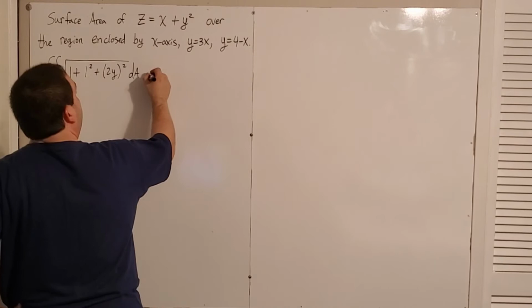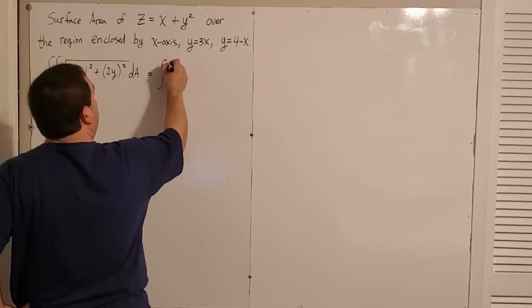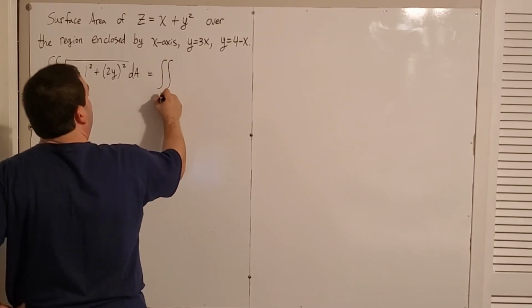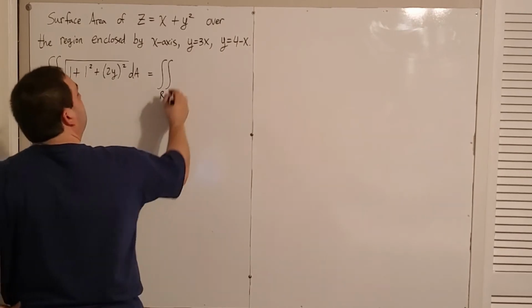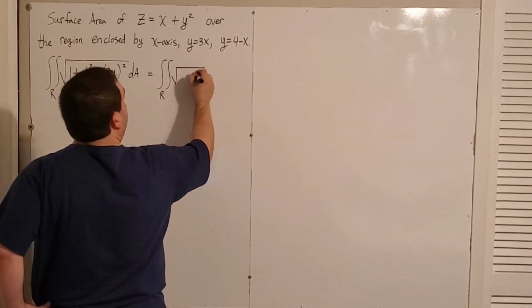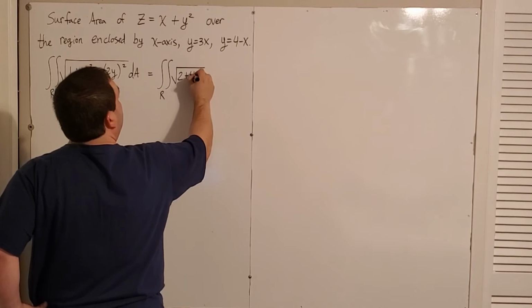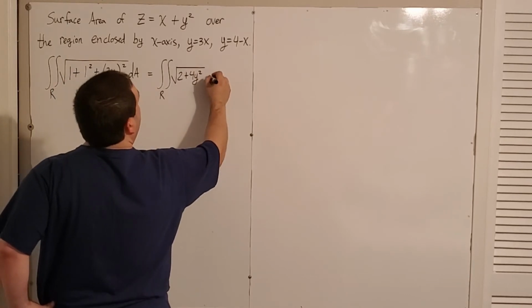So if I simplify here, I've got a double integral over some region R, square root of 2 plus 4y squared dA.